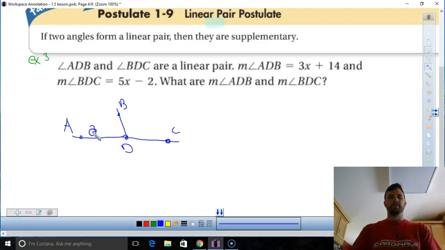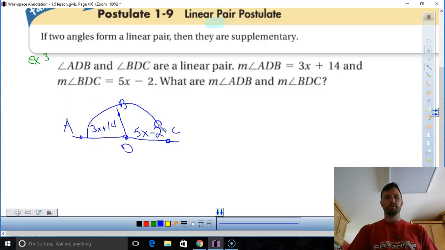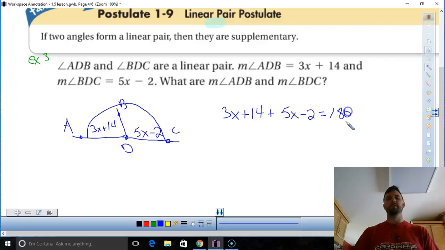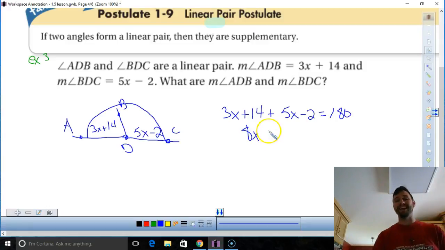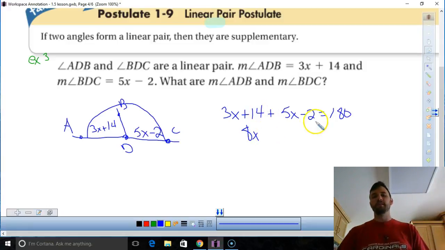So this one was 3x plus 14, 5x minus 2. Now what should these angles add up to? Like what is this whole angle from here to here? It's 180 degrees. So I just have to set up 3x plus 14 plus 5x minus 2 equals 180 degrees. So this becomes 3x plus 5x is 8x. 14 minus 2 is 12.